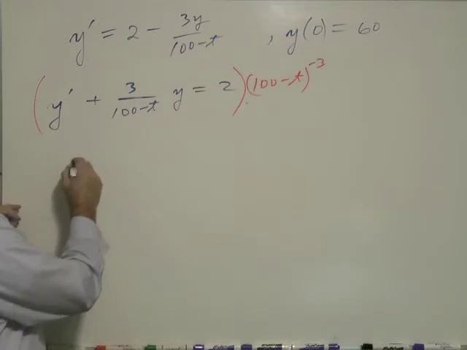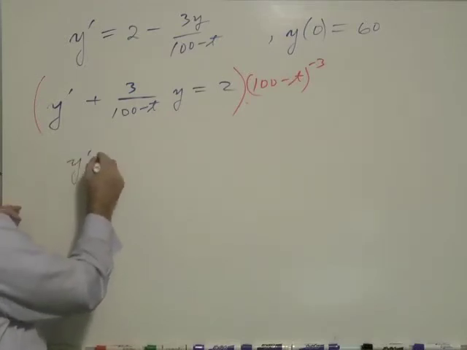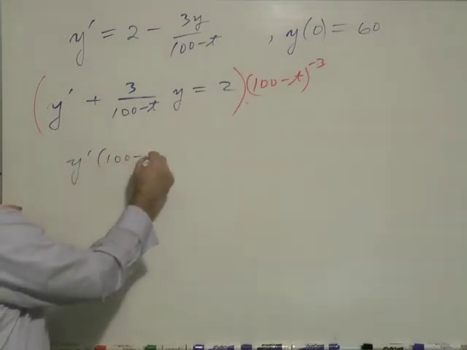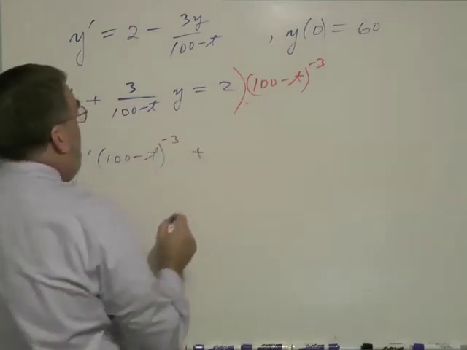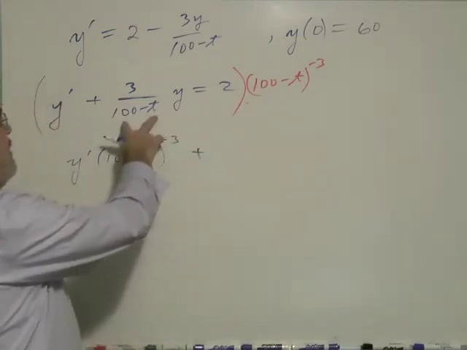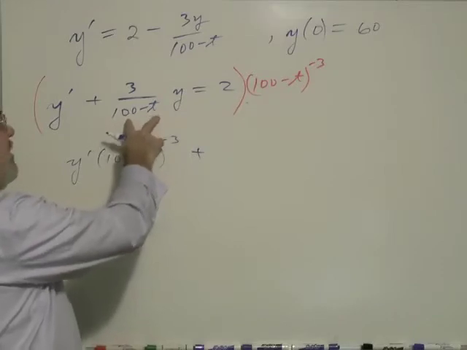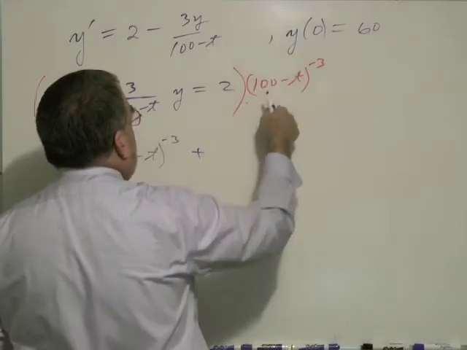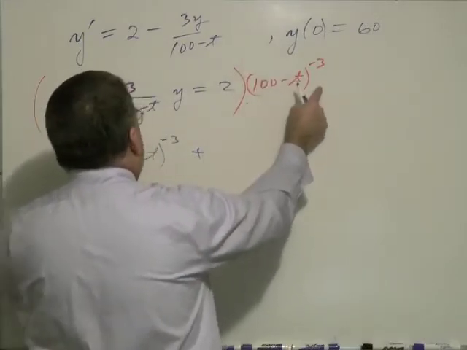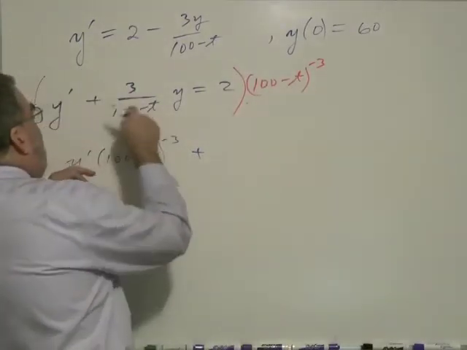And this gives us y prime times 100 minus t to the negative third power plus, think of this as 1 over 100 minus t raised to the third power. So anyway, this ends up being a fourth power.